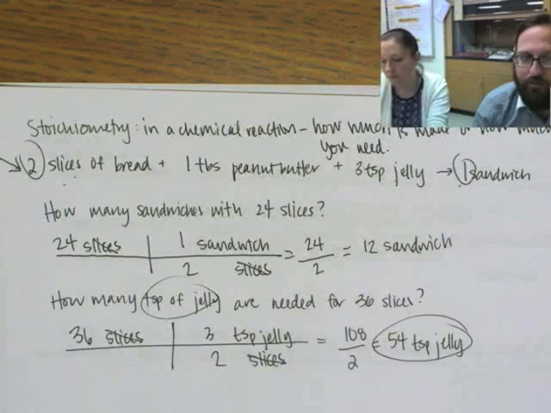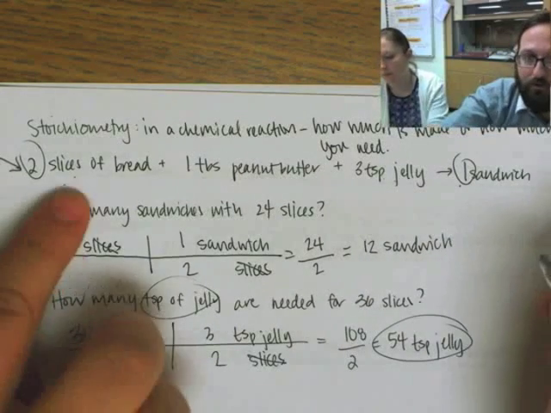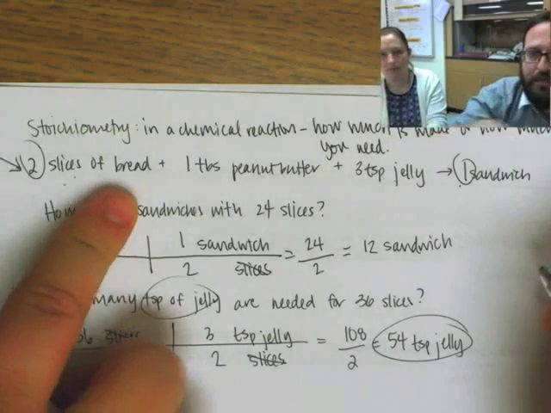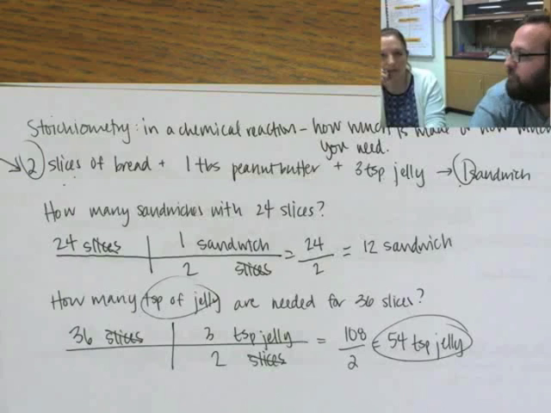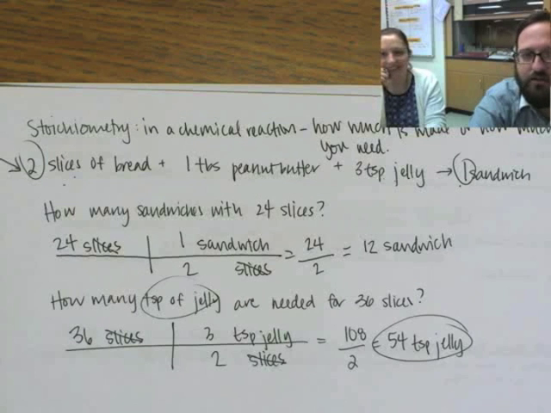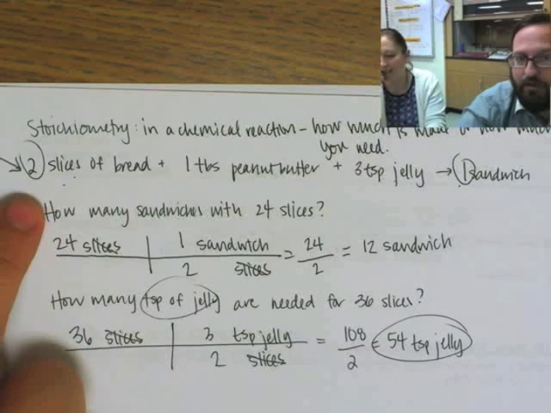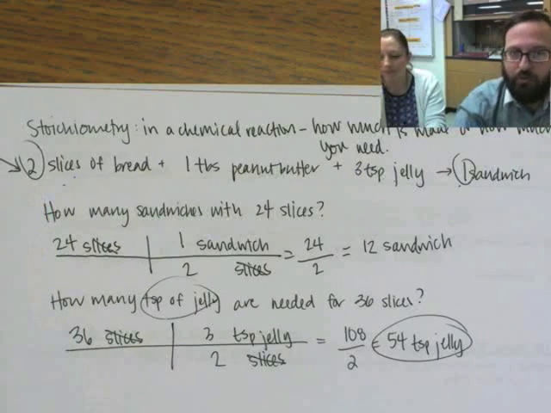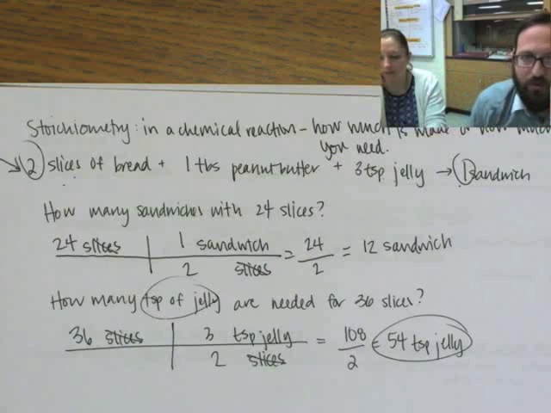Now, before we move on, I want you to make sure you see our little recipe. This is like a balanced equation. You're sneaky. So that 2 in front over here, that's like 2 molecules of bread, quote unquote. 1 molecule of peanut butter. 3 molecules of jelly, making 1 molecule of sandwich.